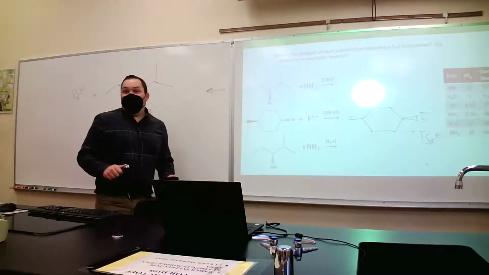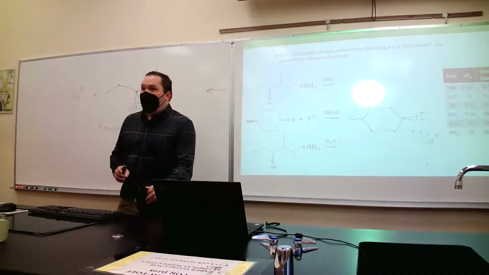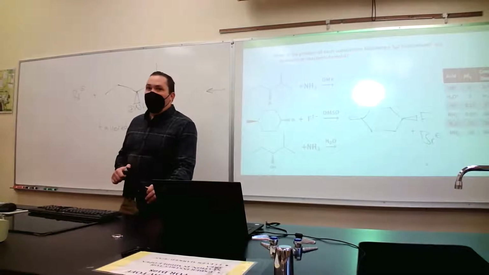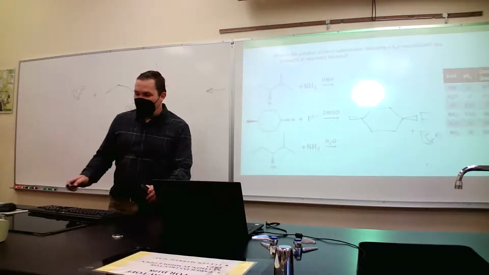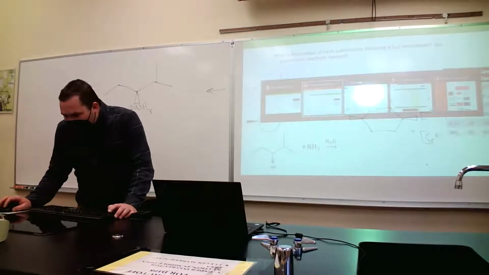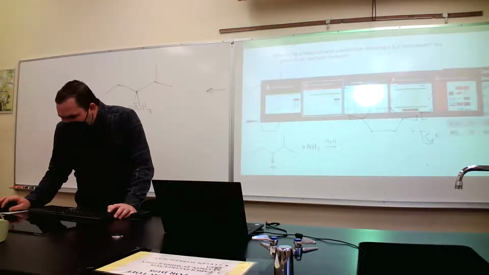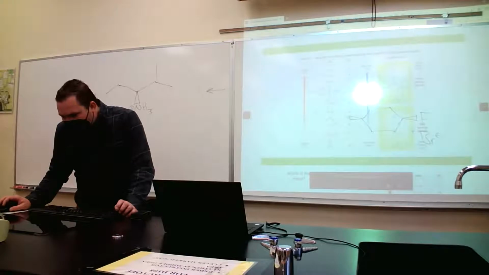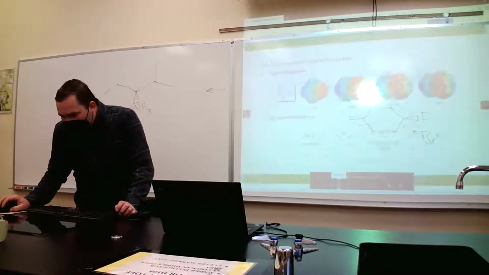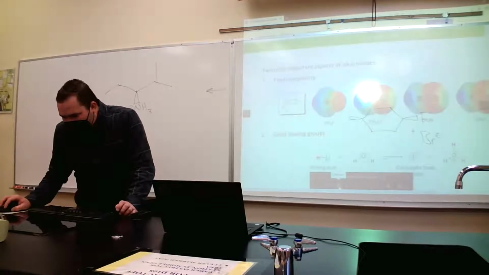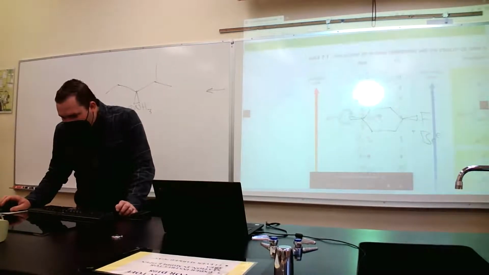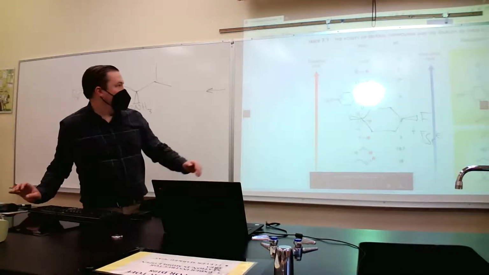Really, it's the same logic as to why fluorine is not as strong of an acid as chlorine or bromine. HF is a weak acid. If we go back to our pKa table in general here. There we go.